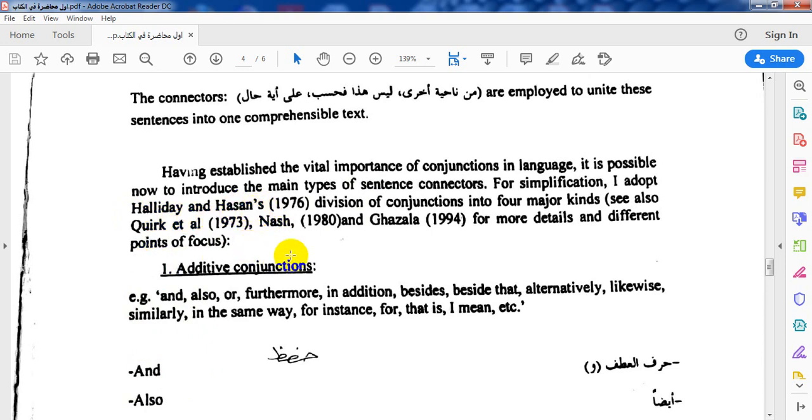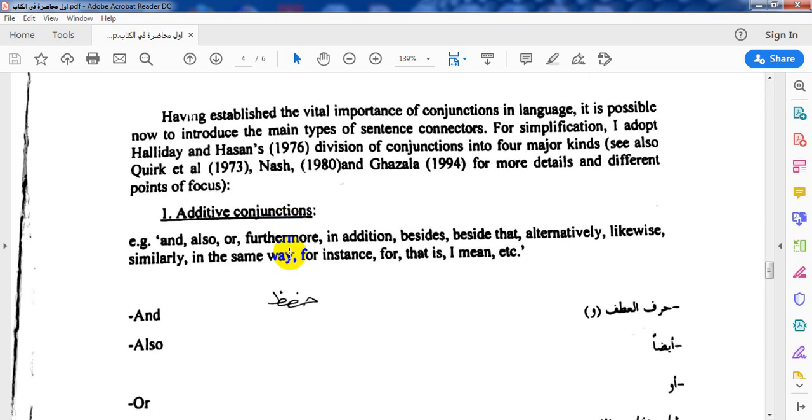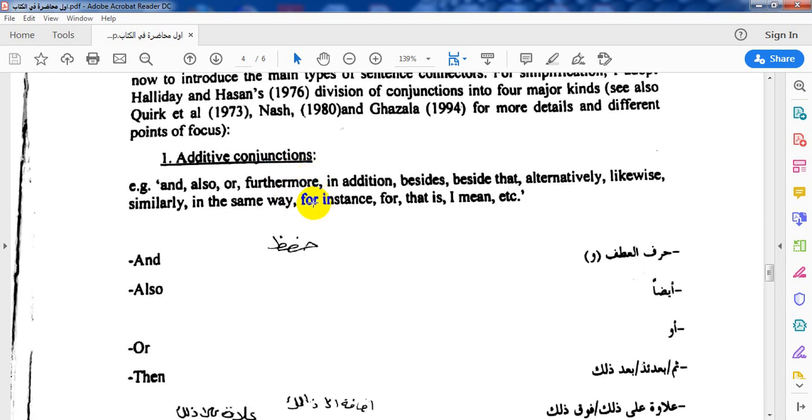So the first type of conjunctions or connectors is additive conjunctions. We mean here that when we want to add a new idea to the text, we use those connectors.